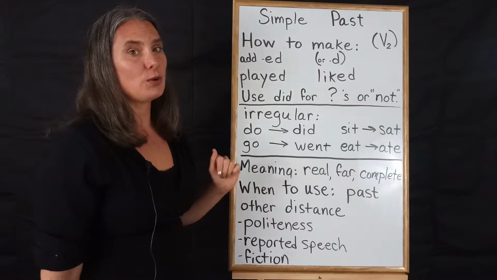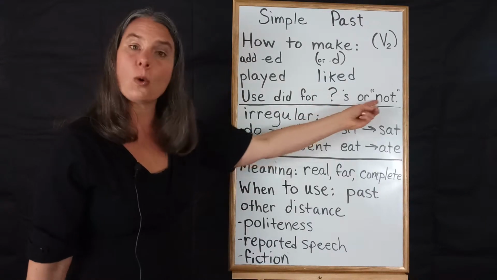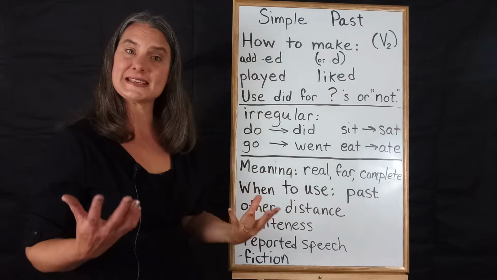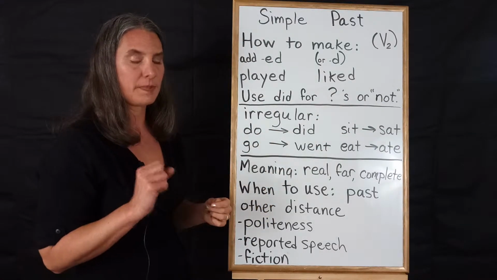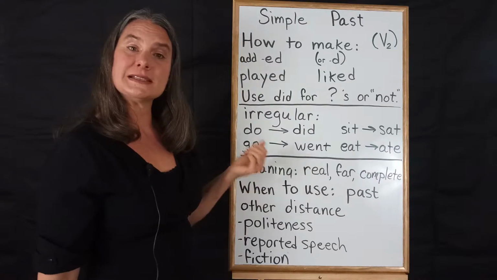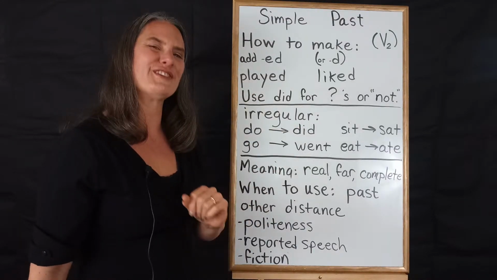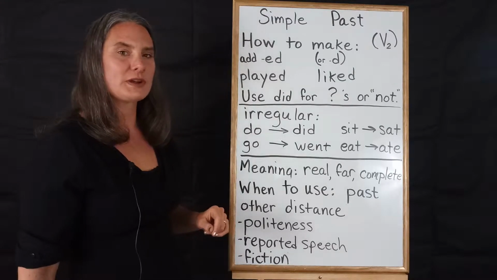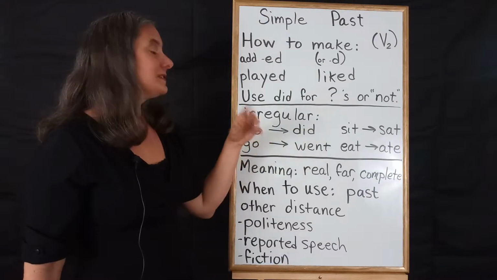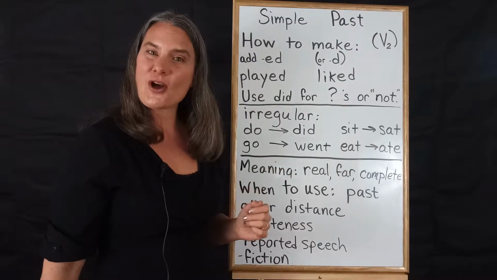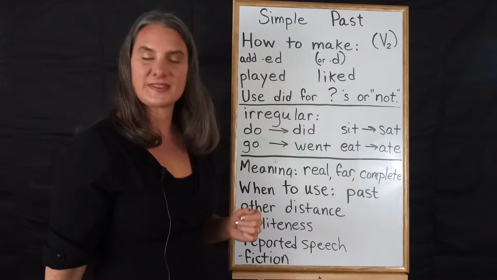Now, if you are going to ask a question or if you have a negative sentence with not in it, then you use did to make your sentence with your question or your not. So, for example, did you play basketball yesterday?